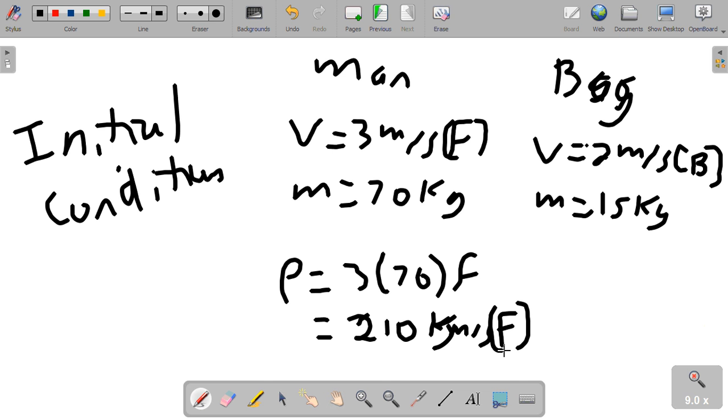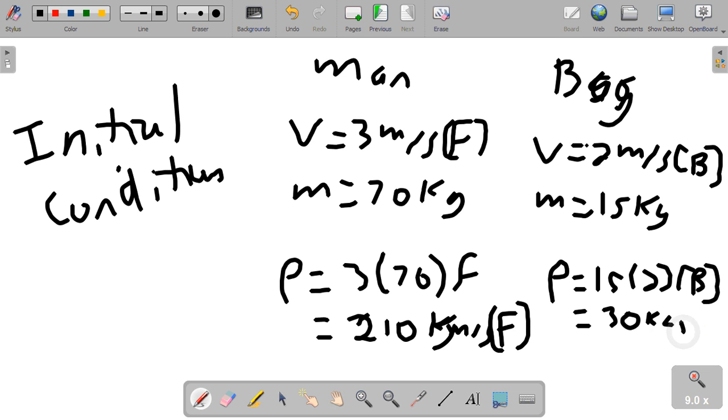The bag has a momentum of 2 meters per second times 15 kilograms backwards. So that's 15 kilograms times 2 meters per second back. So that is 30 kilogram meters per second, and that is back.